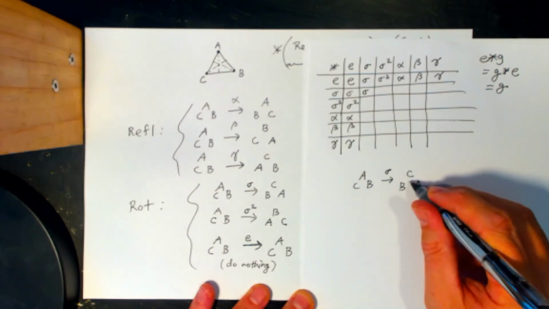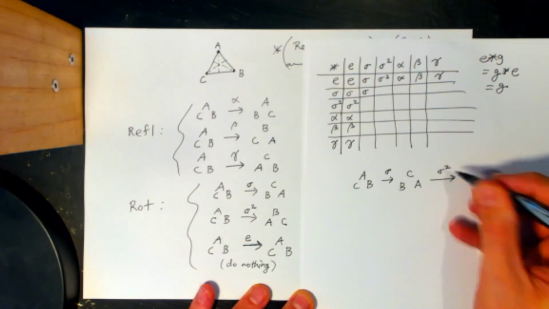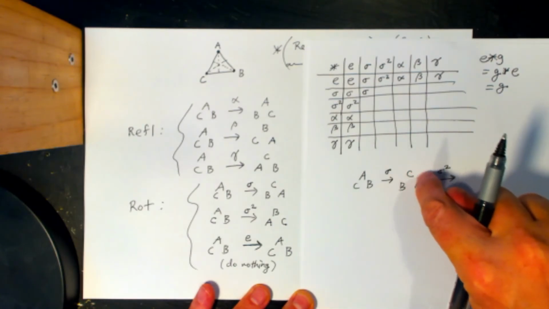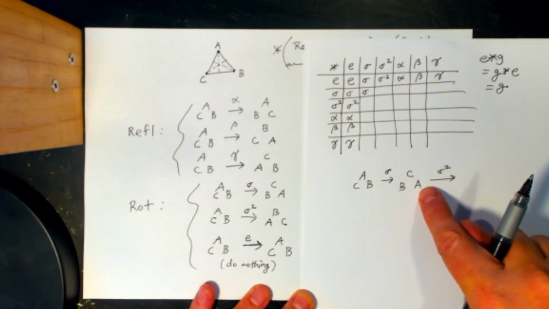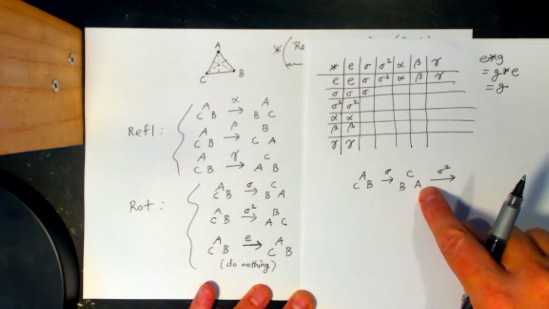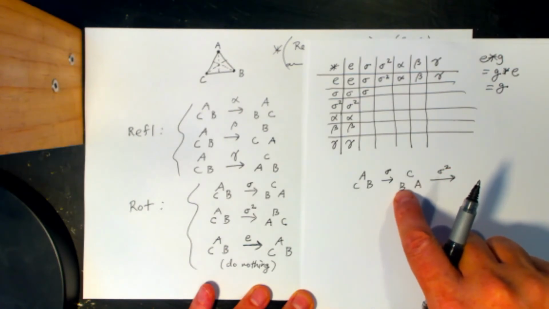Now if we rotate clockwise twice, C goes to the bottom right position, then again for the second step, down to the bottom right.